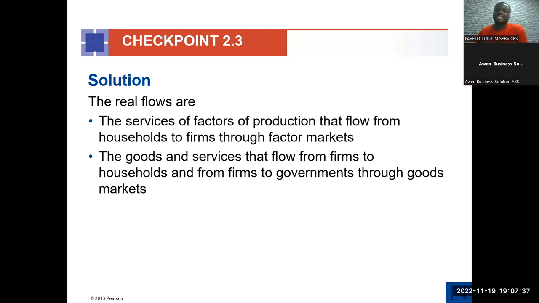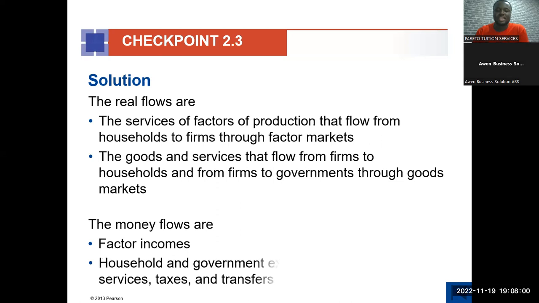The money that the firms will have to pay the households, that one will go under the money. And then when you go to the goods market, the goods and services that the firms are selling to the households and to the government are real movements. But the expenditure that the households and the government incur is in monetary terms.